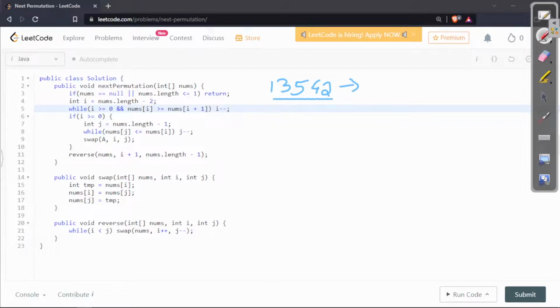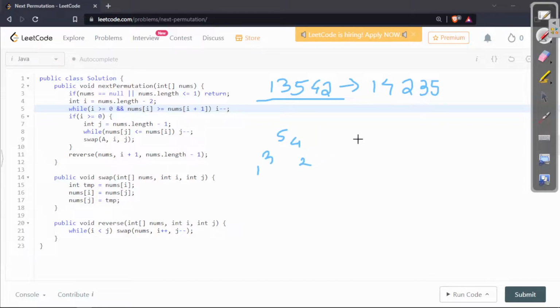What can be the next permutation for this number? So the next permutation for this number would be 1, 4, 2, 3 and 5. So how are we getting this? Okay, let's see. We have the number as 1, 3, 5, 4 and 2.